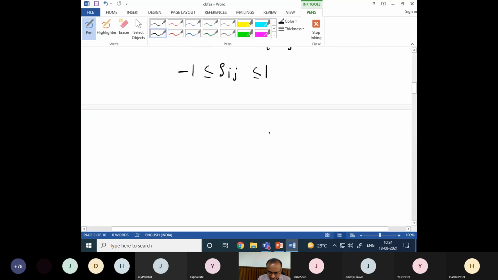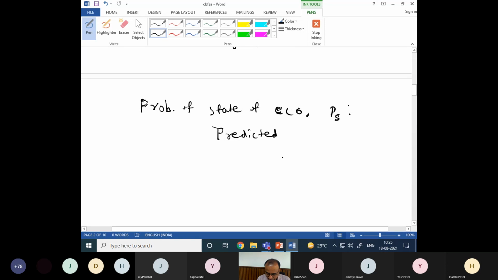Okay, and we say that this probability of the state of economy, this Ps, is to be predicted, but it is difficult.